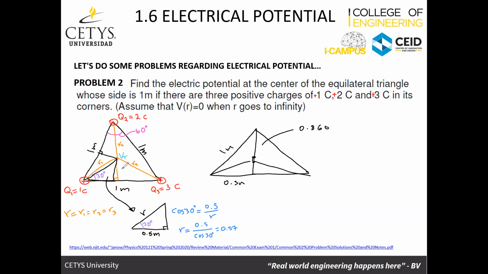Professor, it's because I don't know if I can name it. For example, you have the triangle and this is the center, for example. Yes. This is the center and not necessarily this distance will be the same as this one.